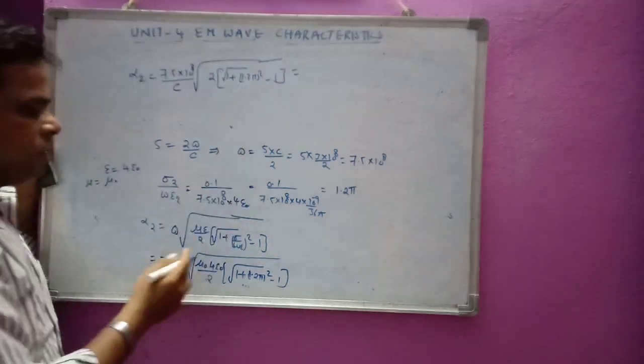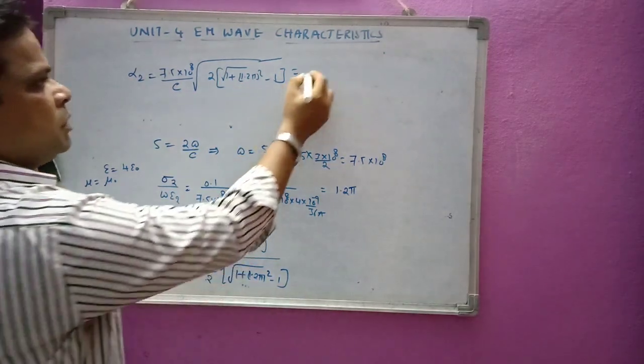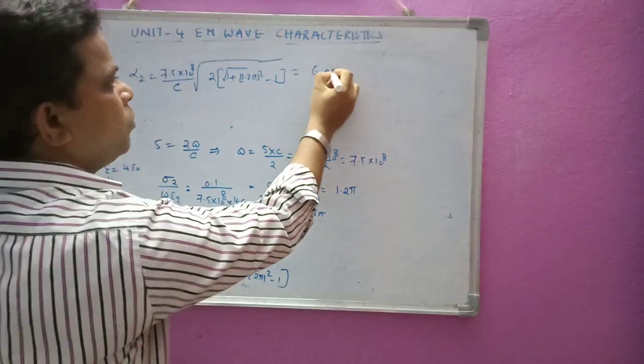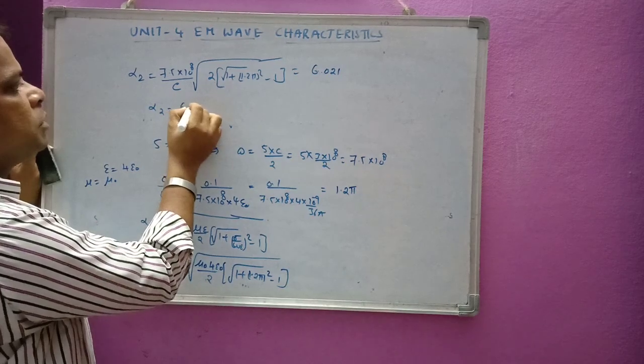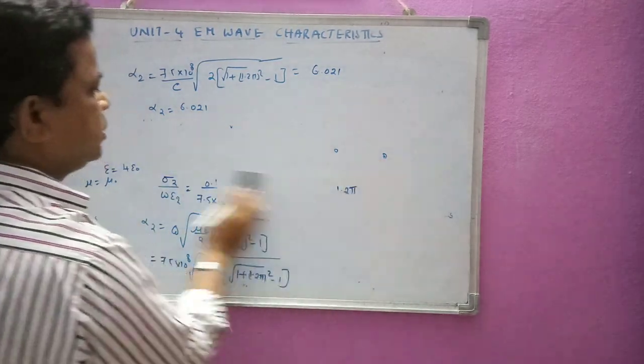The value of c is 3 into 10 power of 8 meters per second. So if you are going to substitute this one, it will be equivalent to 6.021. That is alpha 2 is equal to 6.021.